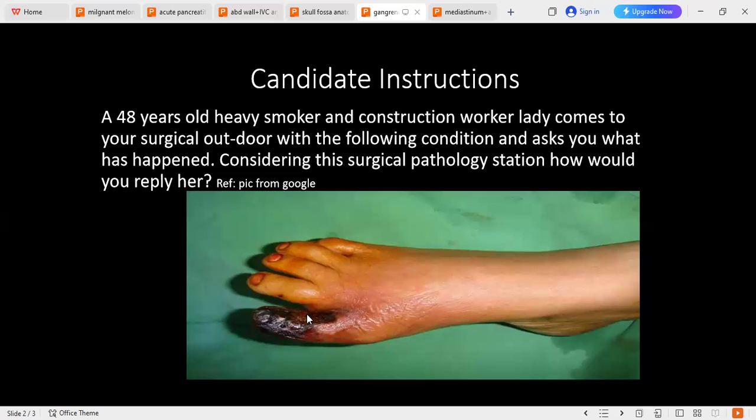Dry gangrene is usually in the limb, wet gangrene in the bowel. There is infection in the wet. There is a demarcation line in dry gangrene and an ill-defined margin in wet gangrene.